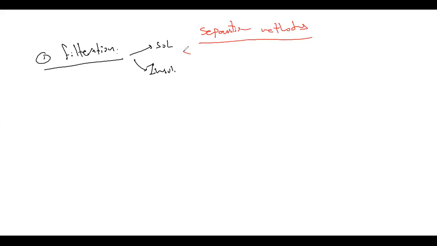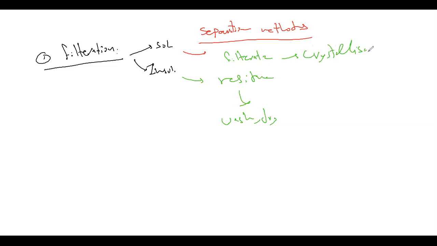For soluble and insoluble, the soluble will be the filtrate, and the insoluble will be the residue. To obtain crystals from each one, the residue must be washed with distilled water and dried, while the filtrate undergoes crystallization. And this crystallization has 4 steps: heat, cool, filter, then dry. Heat the solution till the crystallization point, allow it to cool, then filter, and then dry.